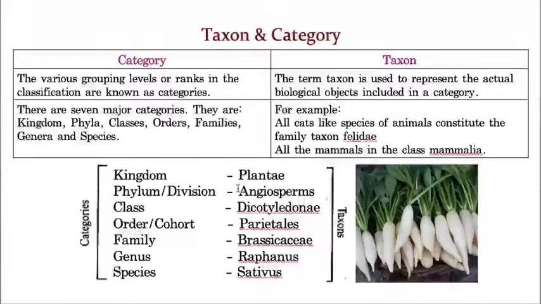Whereas the rank of these living organisms, that is phylum, is a category. Understood? This is the way you need to differentiate between taxon and category. Category means the rank, the grouping level, whereas the living organisms included under this category are called a taxon.